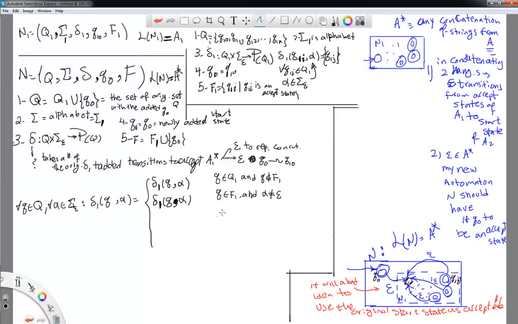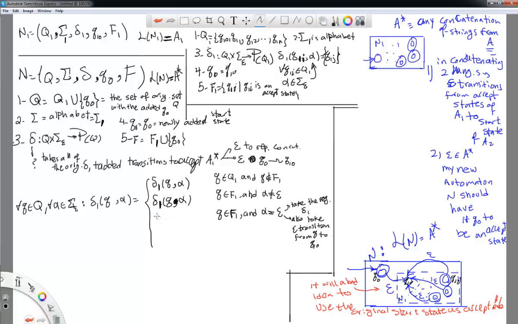Now, what happens if q was a member of F sub 1 and also alpha was epsilon? Just like the concatenation operation, here I'm going to do two things. Take the regular delta sub 1, also take an epsilon transition from q to q sub 1,0, the original start state.